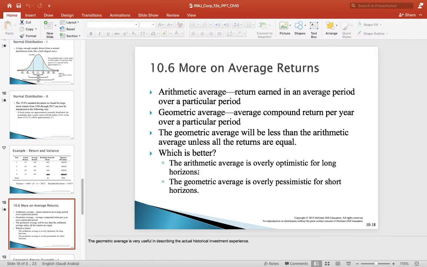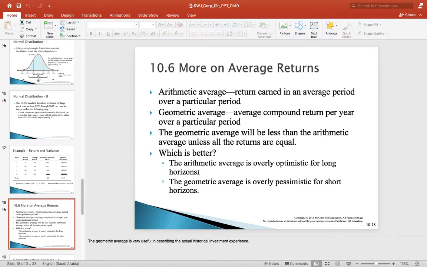Holding period return is the return for the whole period of holding this particular security. Now we can calculate the annualized returns. Annualized return can be the arithmetic mean or the geometric mean, arithmetic average or geometric average. We will see what they are and how they are being used. Arithmetic average is the return earned in an average period.